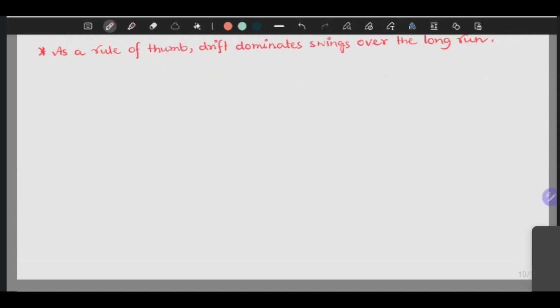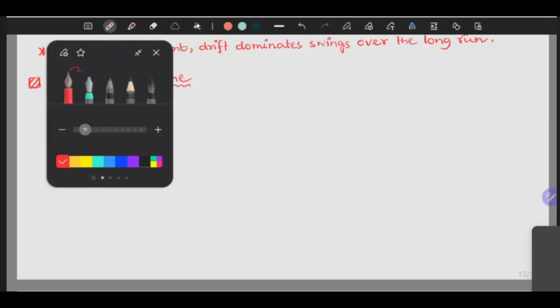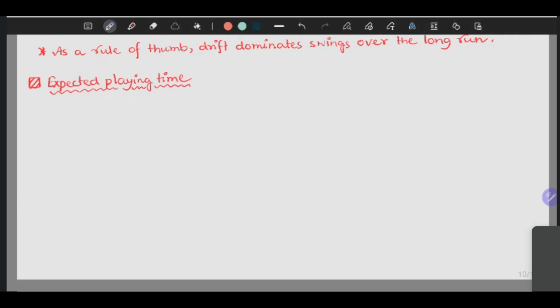Okay, now let me get to another thing, that is the expected playing time, because from expected playing time you will get the result.